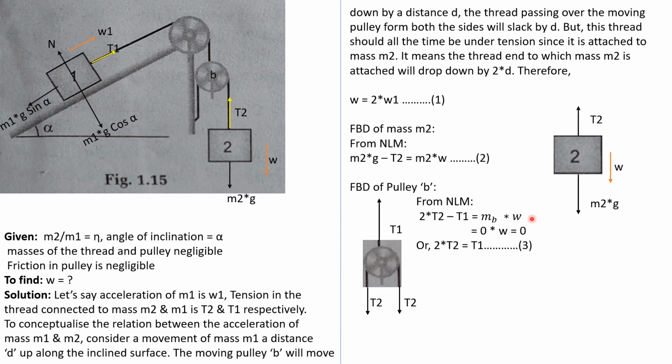Actually, it should be W1 because pulley B will come down with the same acceleration as mass 1 will be moving in this direction, because both of these two entities are attached to the same thread. So please do a correction: you can write W1 here instead of W. Now the mass of the pulley B is 0, so our equation will become 2 into T2 is equal to T1.